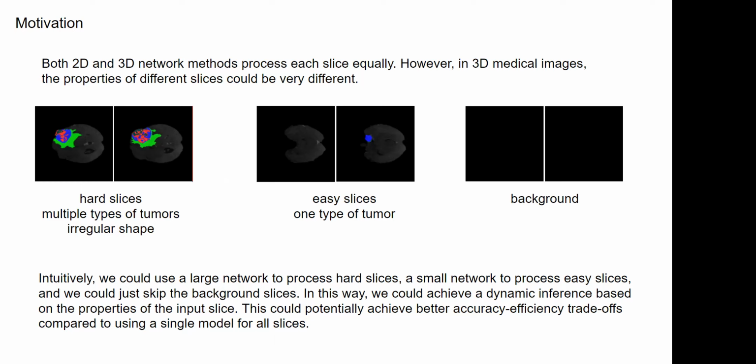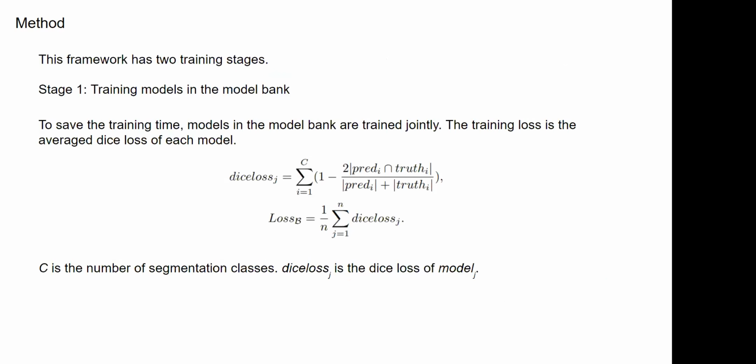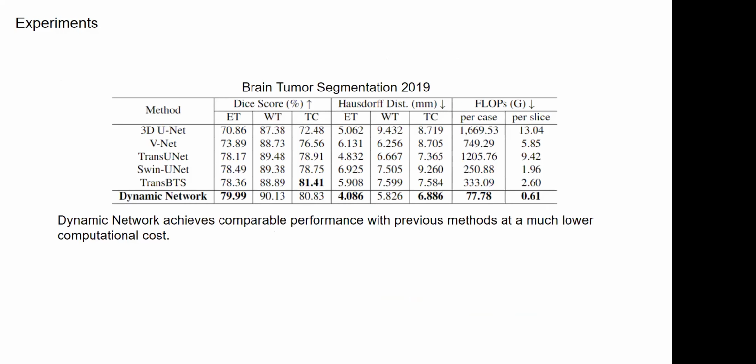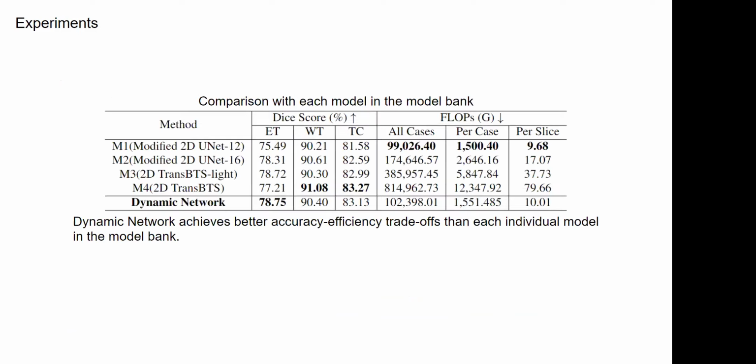Okay, so I think this is an interesting idea, and I'm glad that you are able to make it work and demonstrate that it improves the efficiency compared to some of the large networks, but also maintains very good accuracy, because in your model bank you do have very high accuracy, high precision networks, like the 3D TransBTS and the 2D TransBTS large model.